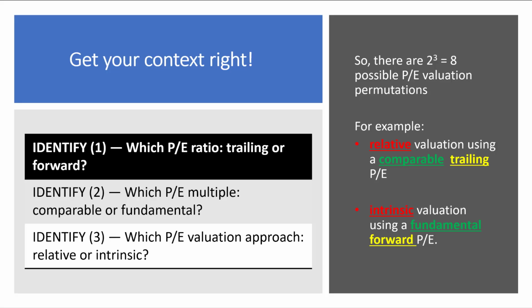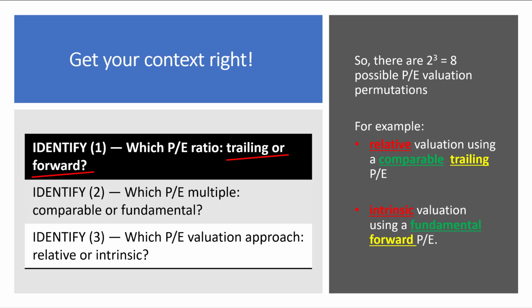There are three questions that you need to deal with in order to get your context exactly right with PE multiple valuations. The first of those is to identify which PE ratio, the trailing or the forward, also known as the leading or the lagging PE ratio.